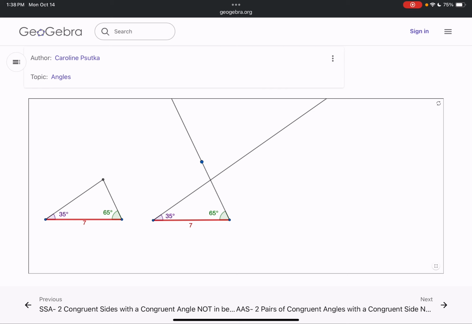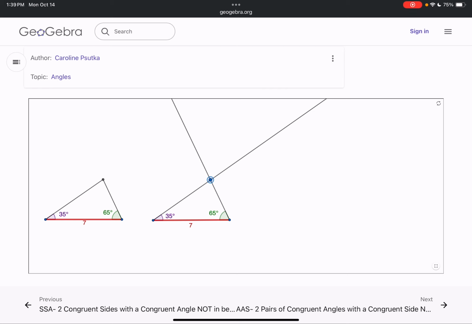And it's showing us that no matter what I try to do with these two lines, if I try to make them longer or shorter, there's only one place where those lines will connect with each other. And therefore, there's only one triangle that has this angle-side-angle configuration.